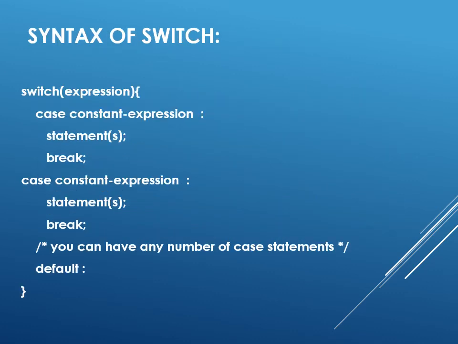So this is the syntax of the switch statement. First of all, the switch will receive the expression. Now it will check the condition. First, case 1 will be checked. If this condition is true, then this statement will be executed.